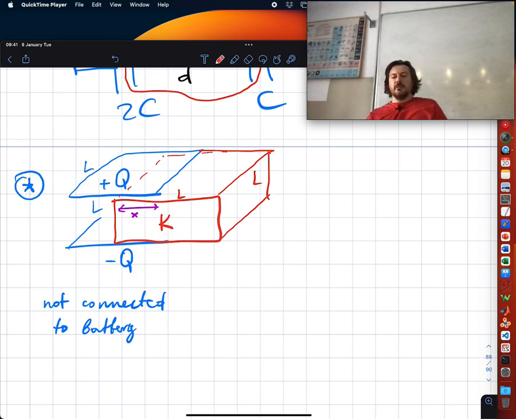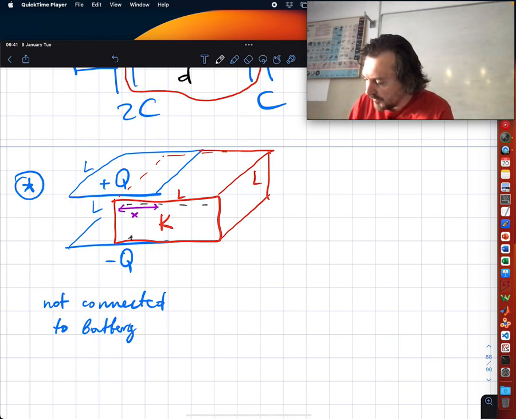Do you understand the geometry of this system? So what do you expect? Do you expect this dielectric to be pulled in or pushed out of the capacitor? Pulled in. Why? Because it induces polarization in the dielectric, so it makes this part more negative, this part more positive.